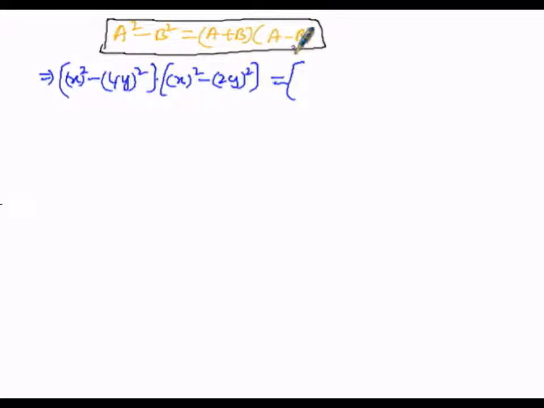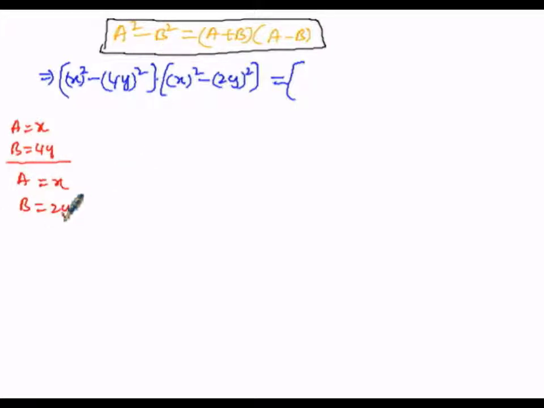So here comparing a as x in the first bracket and b as 4y in the first case. Then in the next case, a as x, and now here b as 2y.